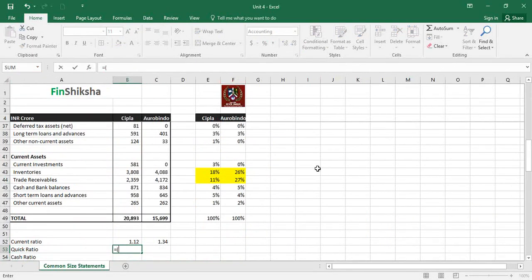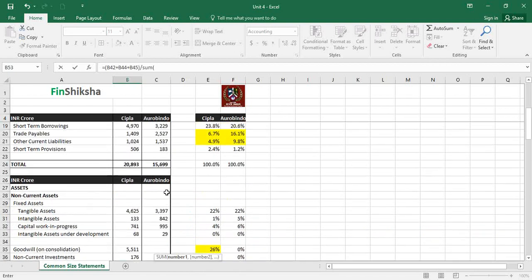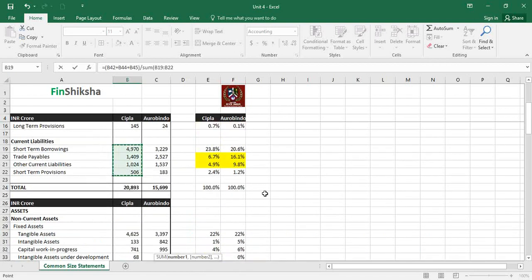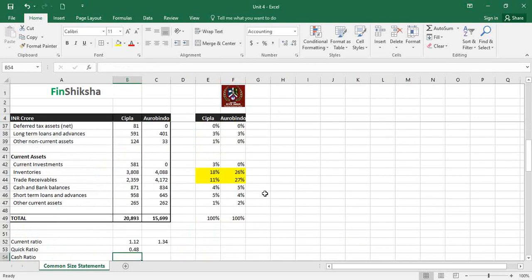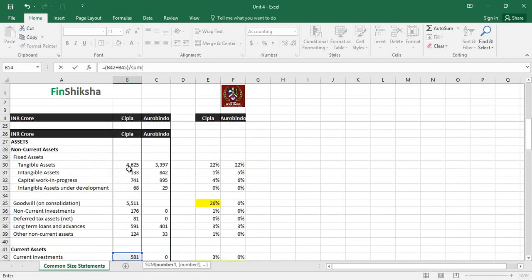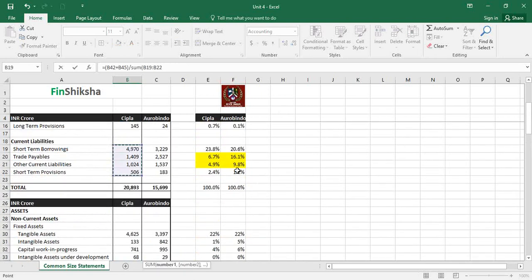Quick ratio is nothing but we are saying current investments, which is cash, plus trade receivables, plus cash and bank balances, divided by the sum of all current liabilities. We are only taking cash and cash equivalents and receivables. And cash ratio is nothing but current investments plus cash divided by the sum of all the current liabilities, right?